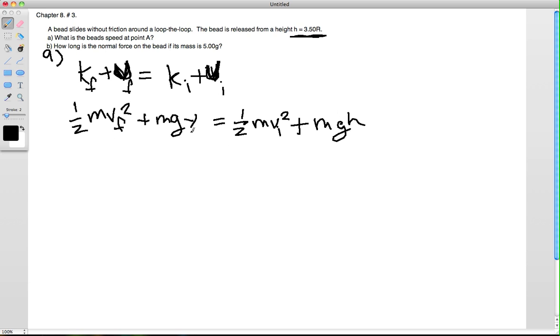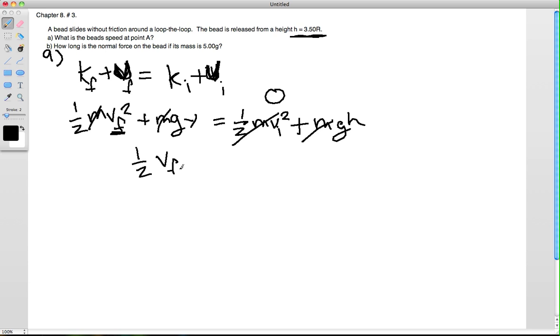Now you just use algebra and solve for v final. The initial kinetic energy is 0 because it starts from rest, and you can cancel out all the mass because it's the same everywhere. Now move everything to one side and leave v final on one side.